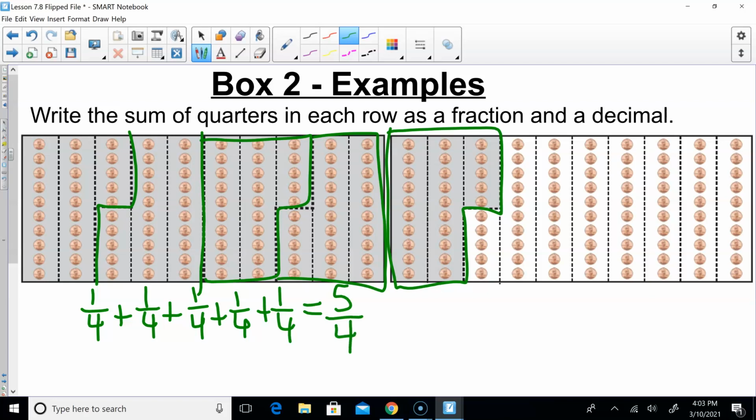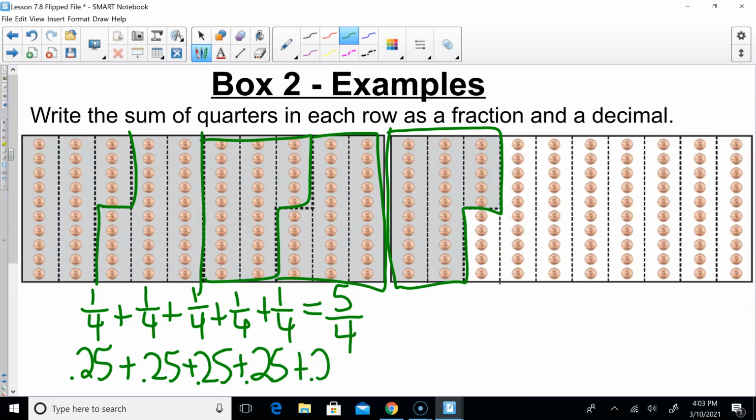or 5/4. If we write them as decimals, it would be 0.25 plus 0.25 plus 0.25 plus 0.25 plus 0.25 equals, well, I have to put all my decimals in there, so we'll use some space right here: 25, 25, 25, 25, and 25.